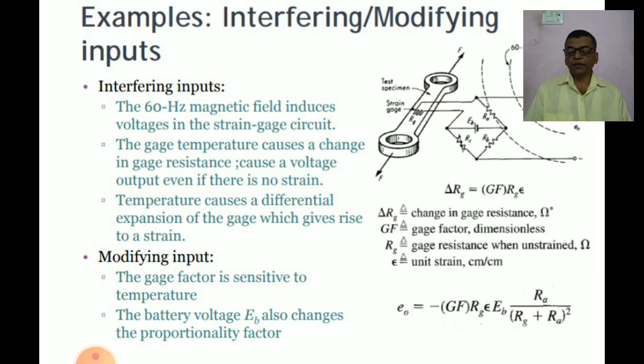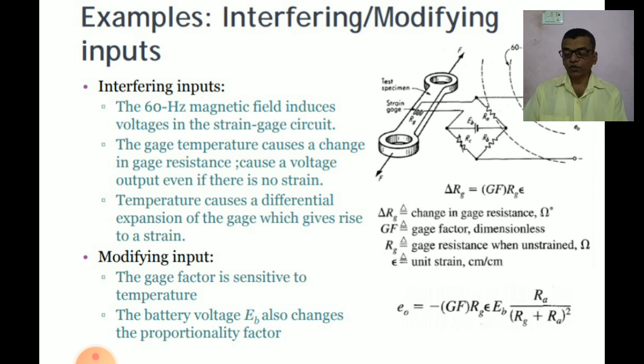Then, due to different materials used for the gauge as well as the specimen, there is a change in gauge resistance due to the different thermal expansion coefficients of the two materials. Okay, so that is regarding the interfering input.